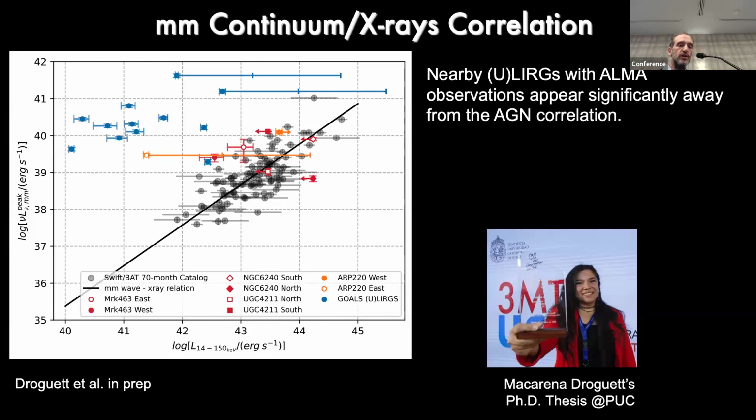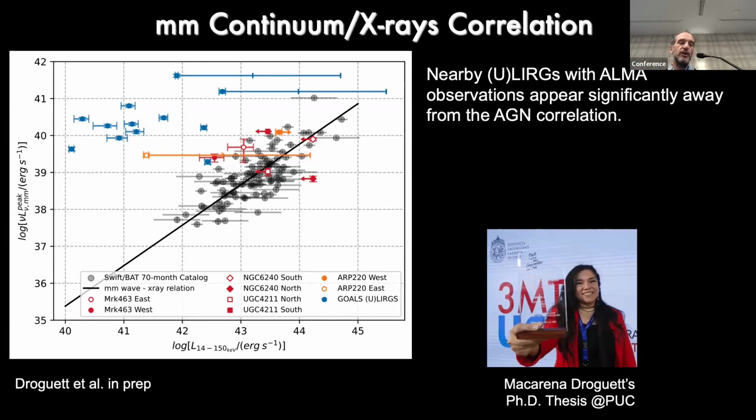What she also did is incorporate galaxy mergers in the local universe selected for their infrared emission. So these are mostly ULIRGs, in order to see whether they follow this correlation as well or not. What you find is that most of the ULIRGs in the nearby universe from the GOALS sample are significantly away from the AGN correlation.